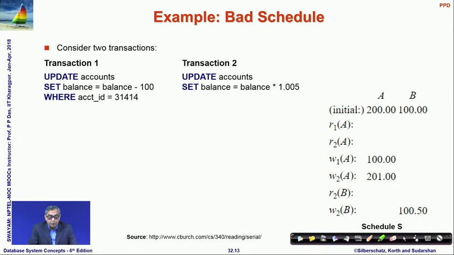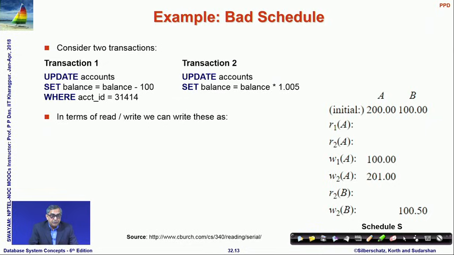In transaction 2 you update accounts where balance is changed to balance times 1.005, which means that you are giving 0.5% interest, and here there is no where clause. So, transaction 2 does this balance change in all the accounts, whereas transaction 1 makes this debit in only one account. Let us see what will happen.